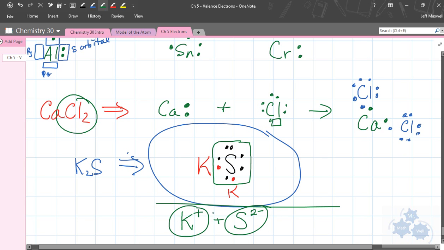Well, when we show it this way, it's because of the difference in charge. When we use electron dots, you see that there are empty spaces that S wants to fill, and K has an extra electron that it would like to donate. So it's a bit of a different system. And that's why we need 2 of these to make K2S. This is what we've been doing here.